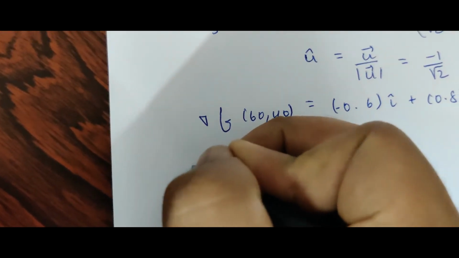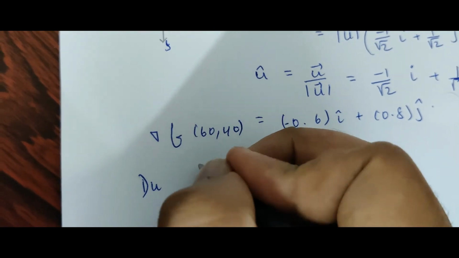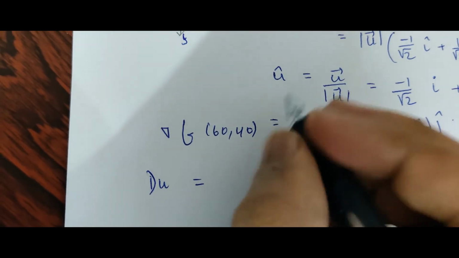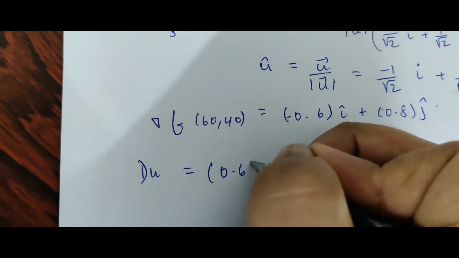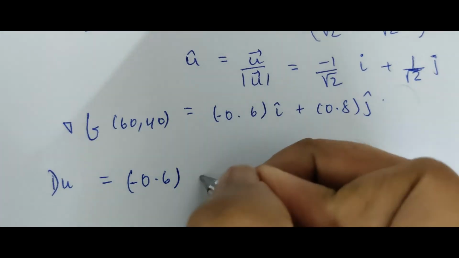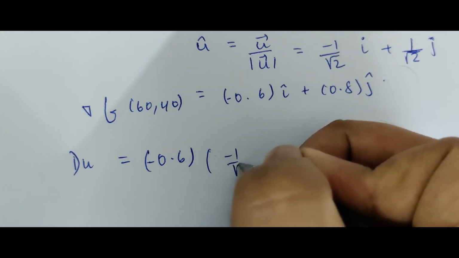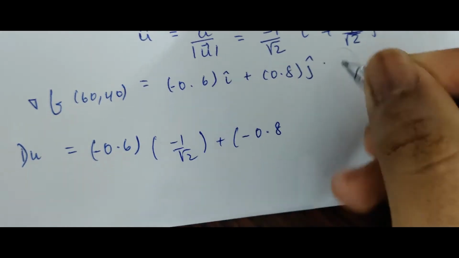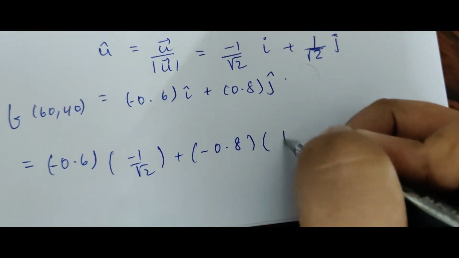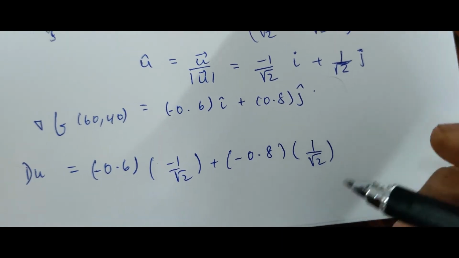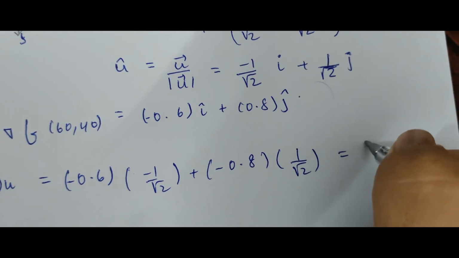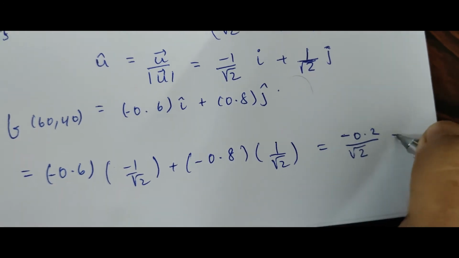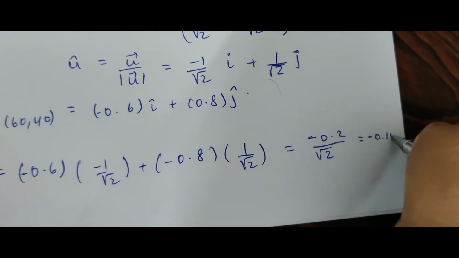So for the second question, the directional derivative will be negative 0.6 times negative 1 by root 2 plus 0.8 times 1 by root 2, which equals minus 0.2 by root 2, which is minus 0.141.